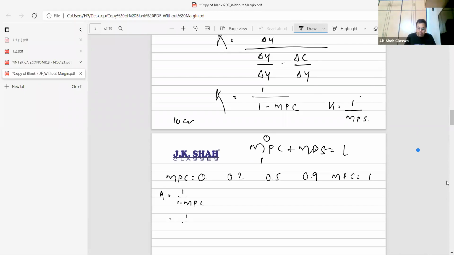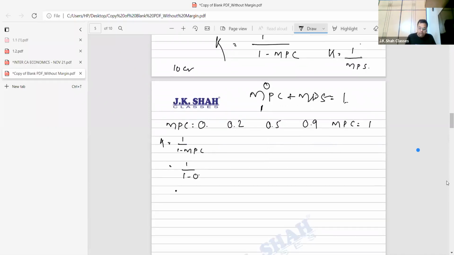So K is equal to 1 upon 1 minus 0, which is 1 upon 1, equal to 1. So when K is equal to 1, if the government makes an investment of 10 crore, very important point: if MPC is 0, K is 1, and the income of the people will also rise by 10 crore.